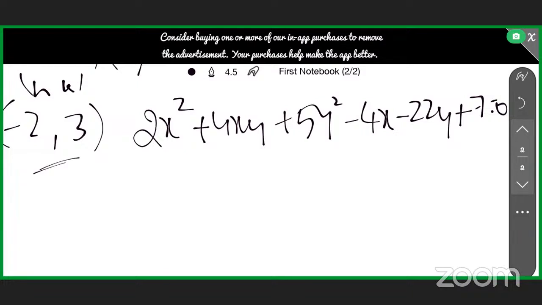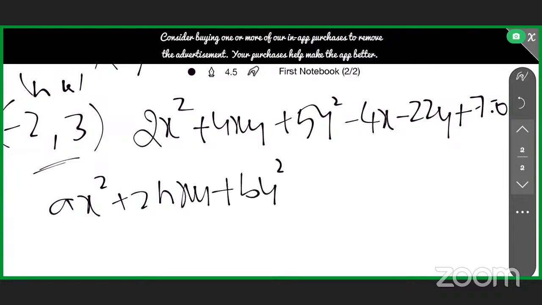This is an equation of the type ax square plus 2hxy plus by square plus 2gx plus 2fy plus c is equal to 0.